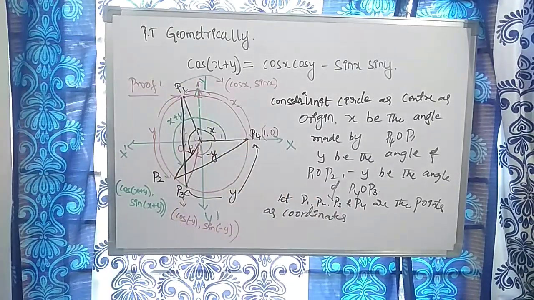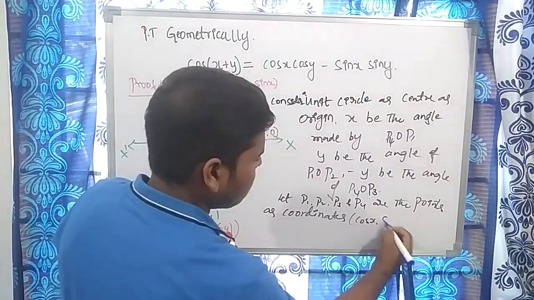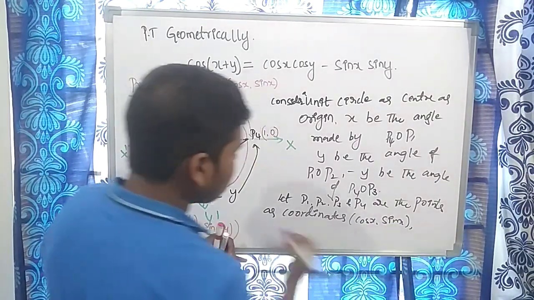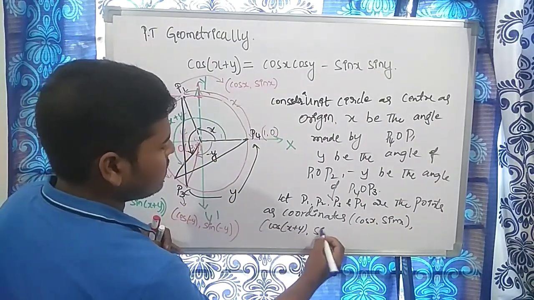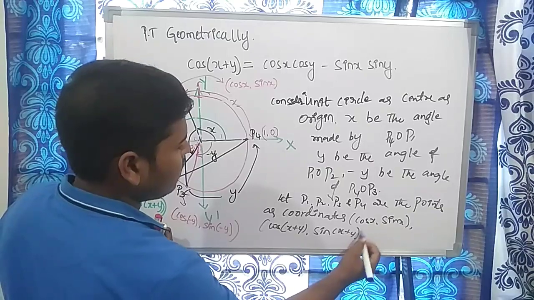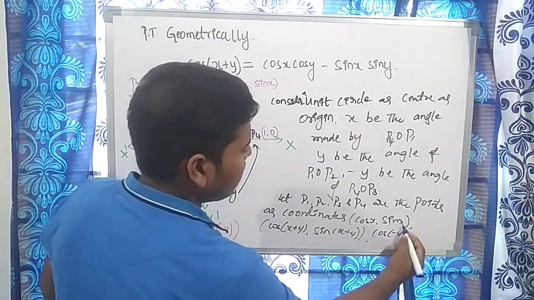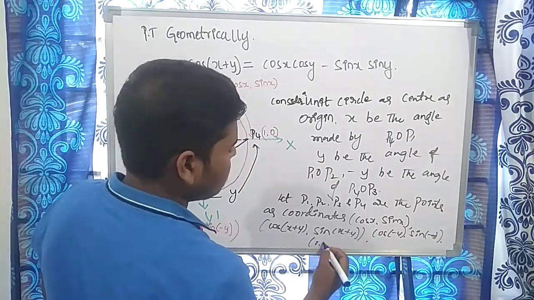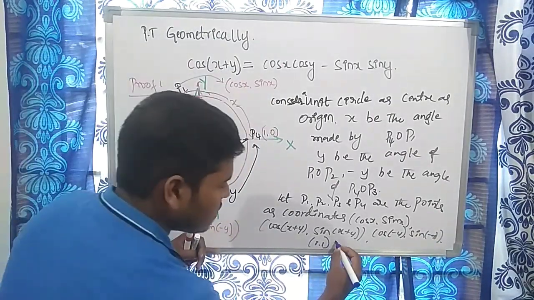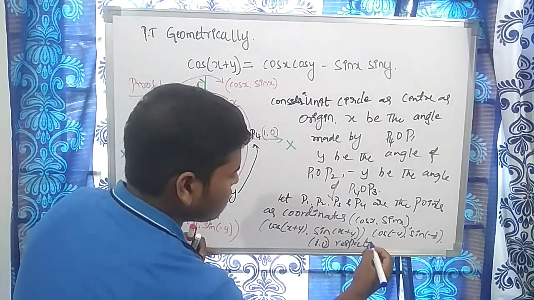First one cos x, sin x; second one cos of x plus y, sin of x plus y; third one cos of minus y, sin of minus y; and the last one is 1, 0 respectively.